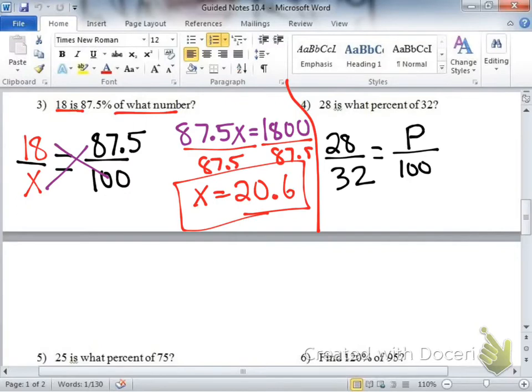When I'm looking for the percent, I always use a P just to remind myself that I need the percent symbol later on. If you want to use an X still, that's fine. This is just how I kind of keep myself in check. 32, whatever variable you chose, I did a P, equals 2,800.